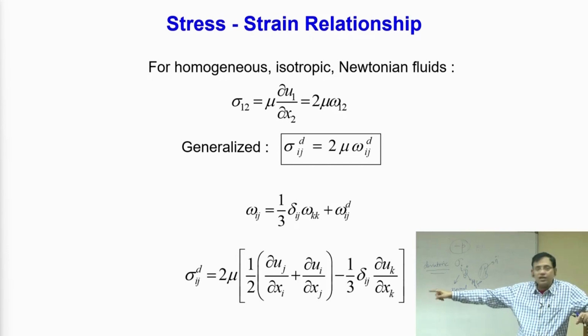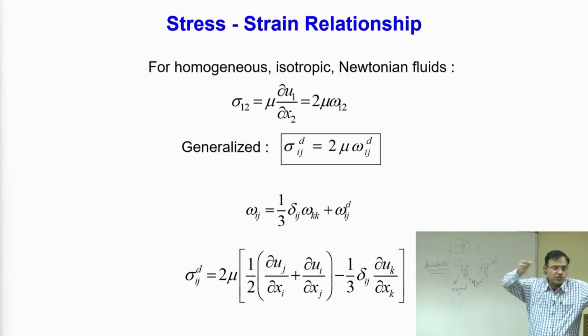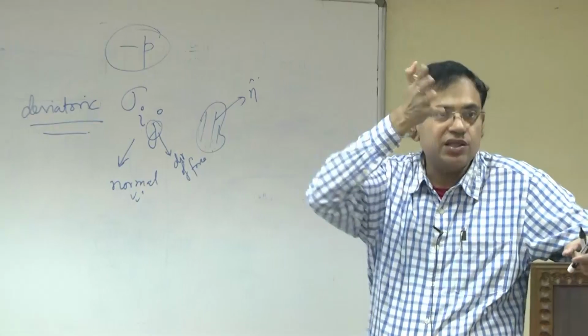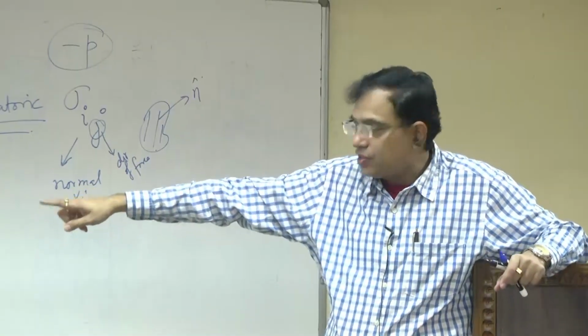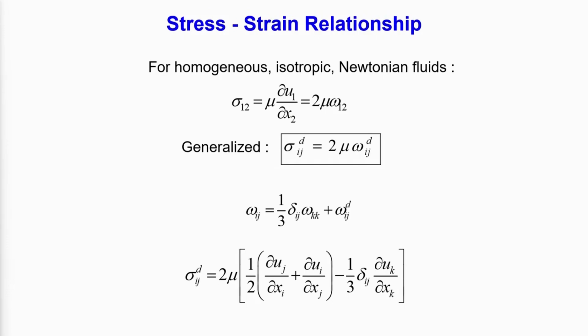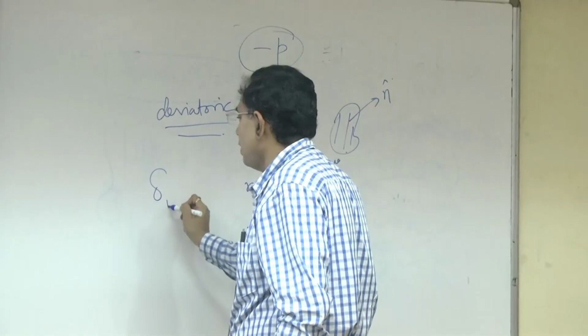So, the second term is related to the change in volume, and it is a normal strain. All it means is that when you have the normal direction, then only the strain is occurring, because volumetric strain is normal, it is not tangential. That is manipulated by this delta ij, which is there in the last equation.